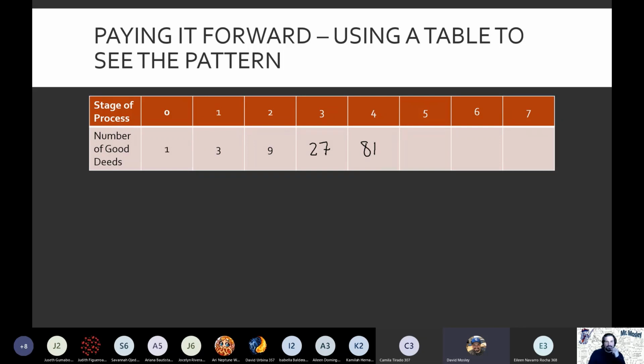So think about it. Yes, 243, that is correct. And then the sixth stage, 27, 81, 243. What's next?